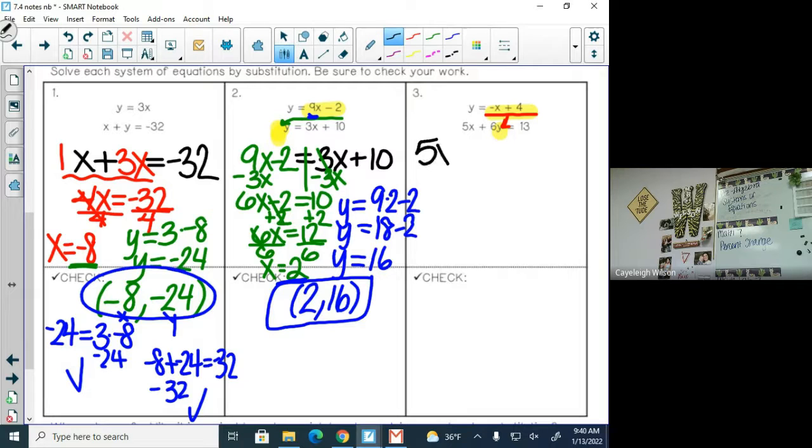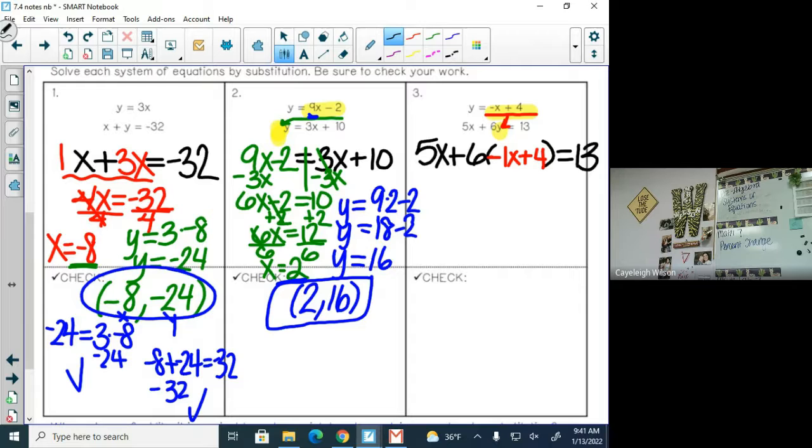So I'm going to have 5x plus 6, but in for that y is going to be negative 1x plus 4, and then that equals 13. So I substituted it in. If there's a number in front of the variable, you also have to include that there. That's 6 times y. So it's 6 times the whole entire negative x plus 4.